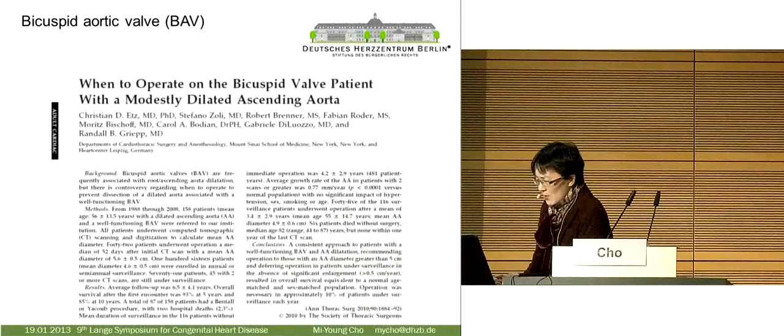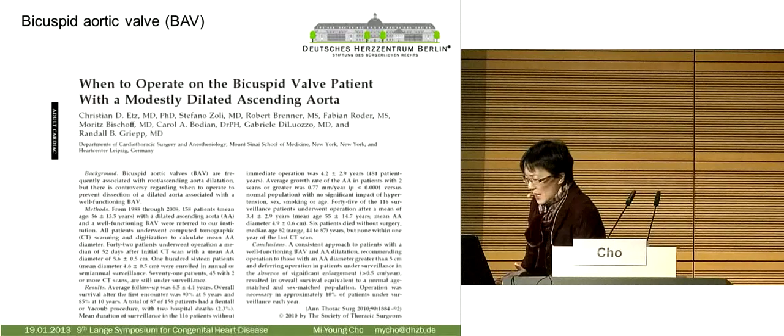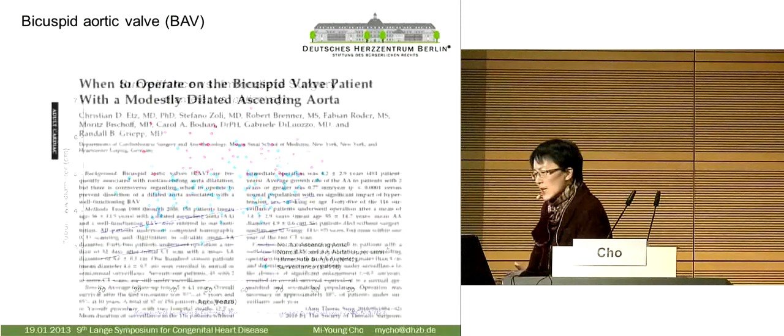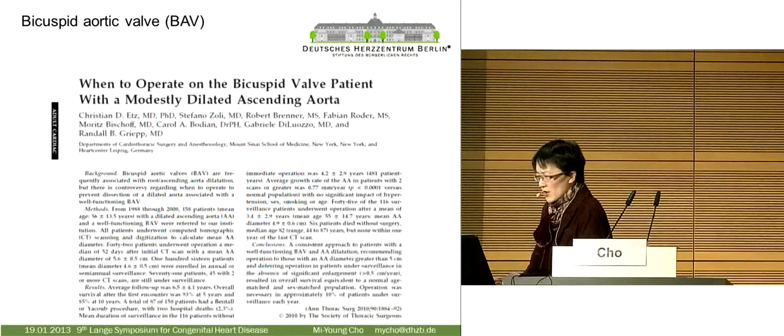When he was with Grieb in New York and then stayed with us in Leipzig, he looked at people with bicuspid aortic valve and modestly dilated ascending aorta. And then he asked himself, what should we do with those patients?